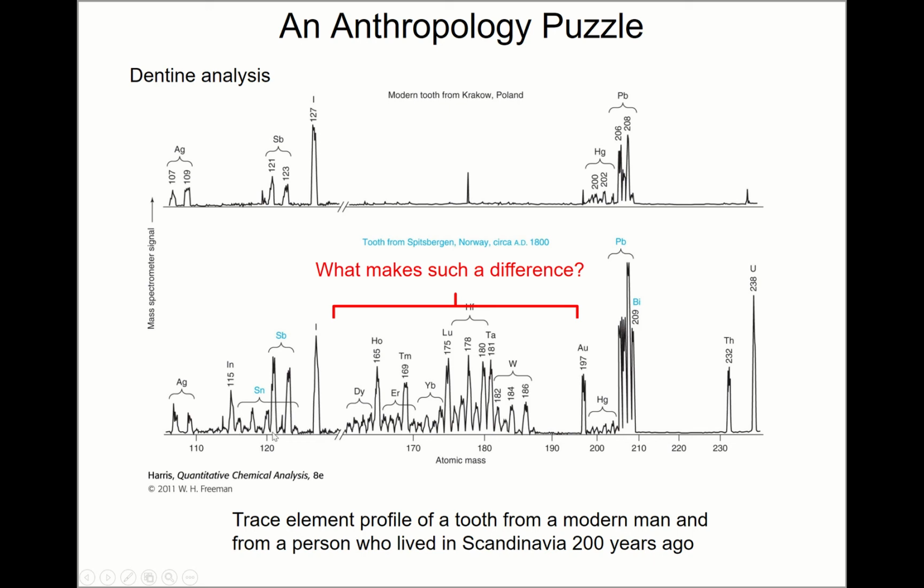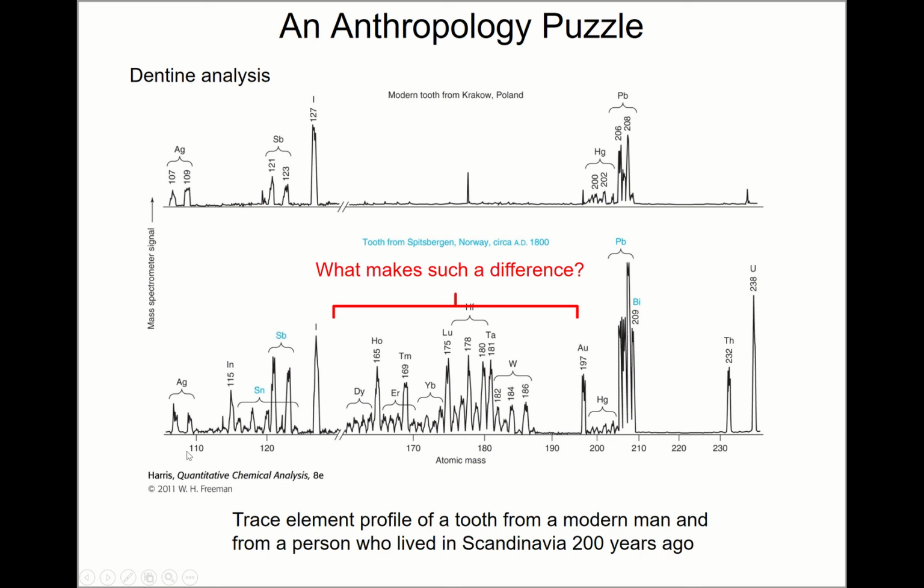And the question is why the spectra are so different. But before we ask such a question, you have to be amazed that atomic spectroscopy can reveal such a difference. After atomization, each atom was analyzed by mass spectrometry.